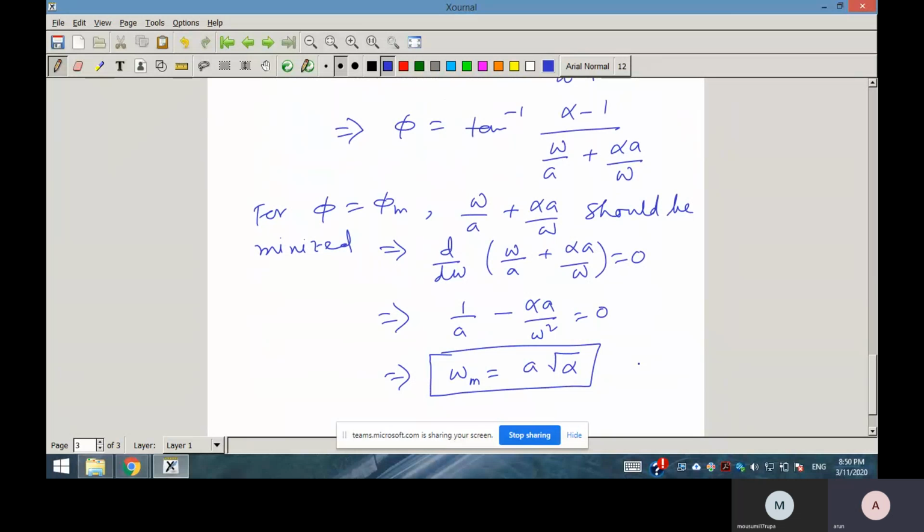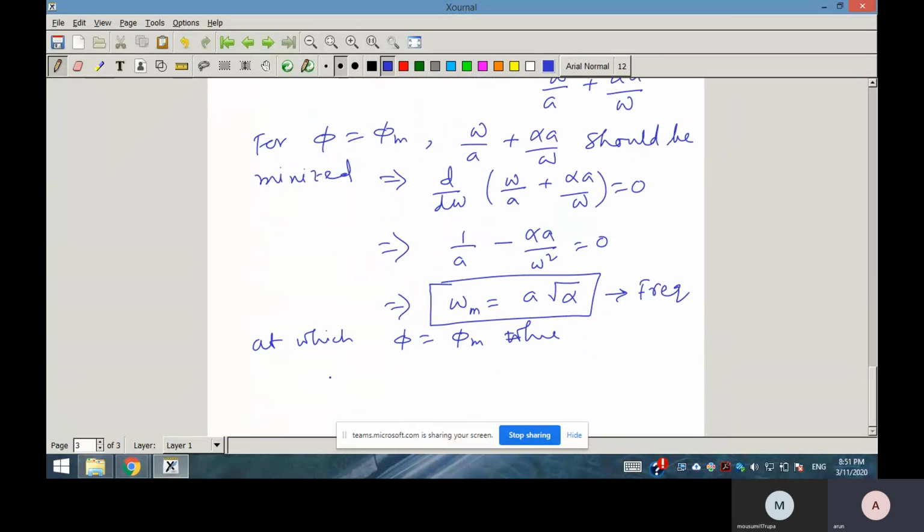This is the frequency at which the phase will be maximized, where phi will be equal to phi m, the maximum phase. How much maximum phase will you get?